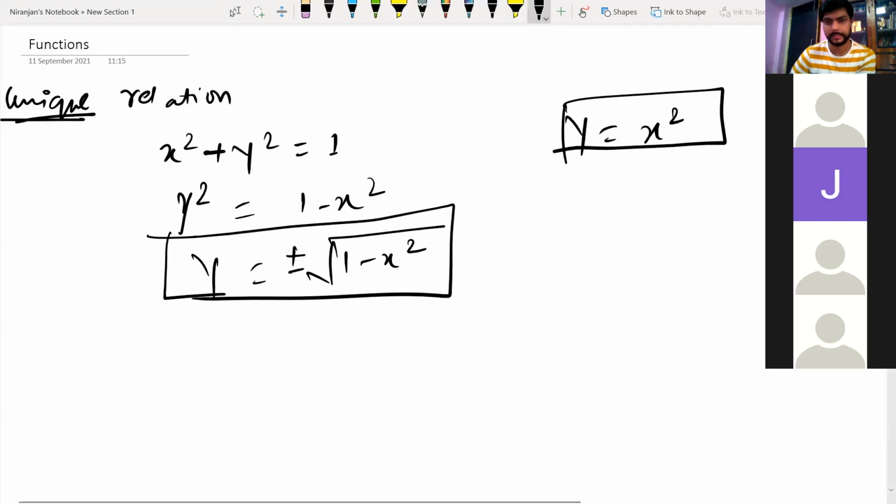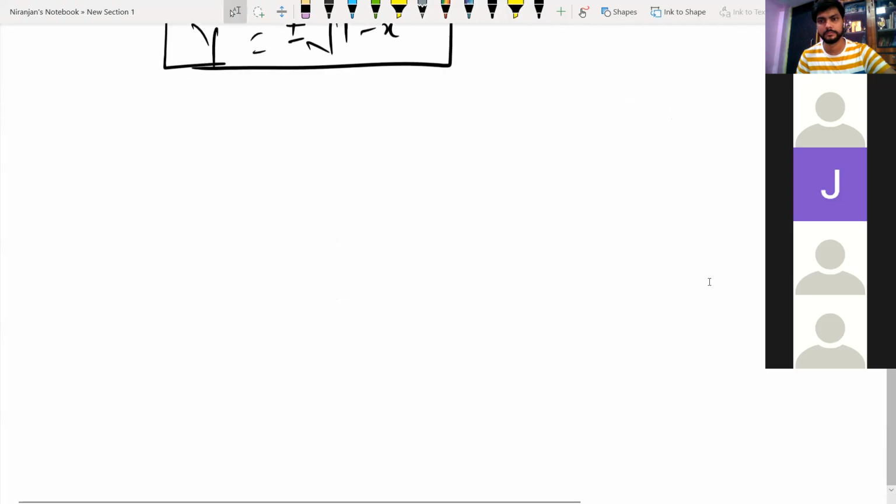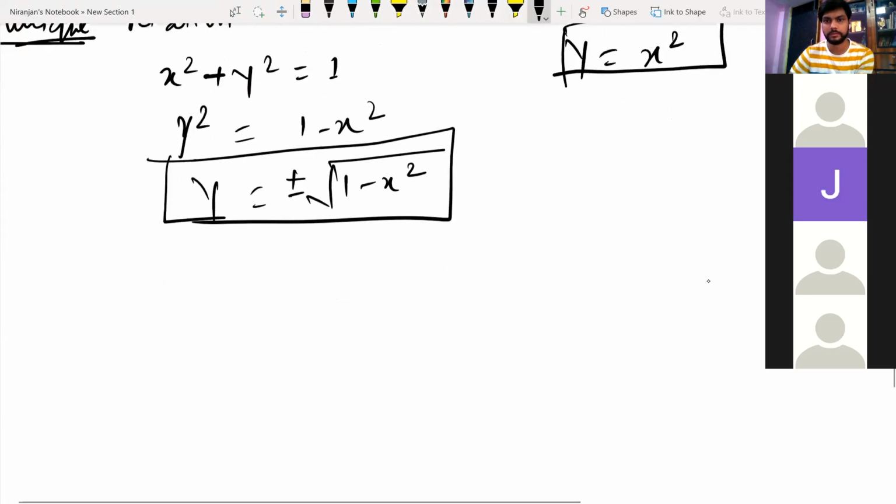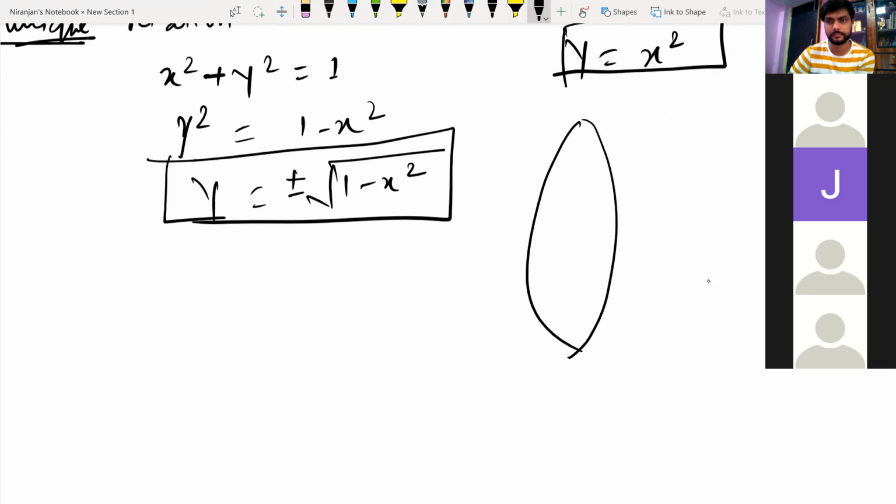Okay, let me make it more clear and precise. This is your x, this is your y. Start with 0, 1, 2, and so on. Start with 0, 1, 4, and so on.